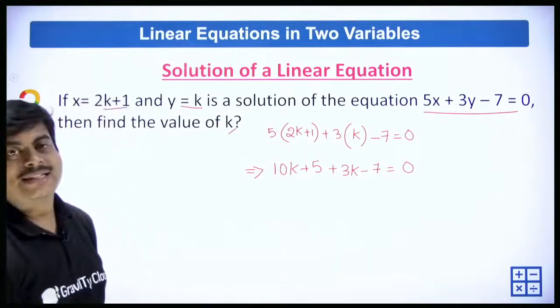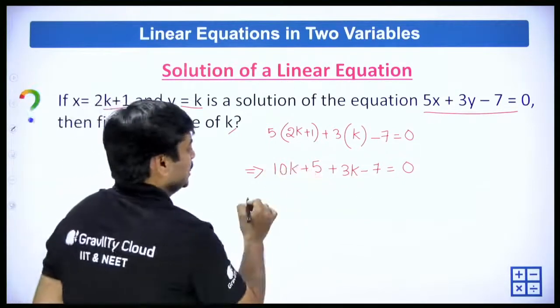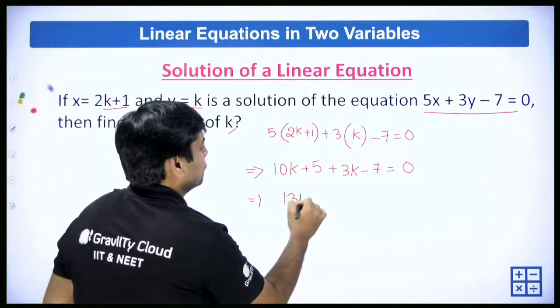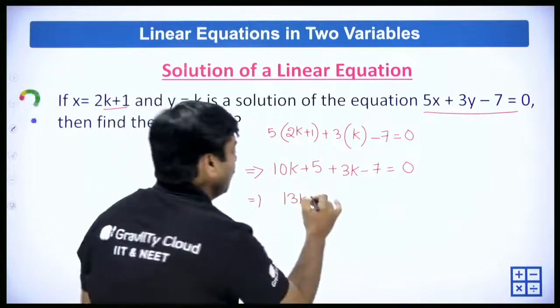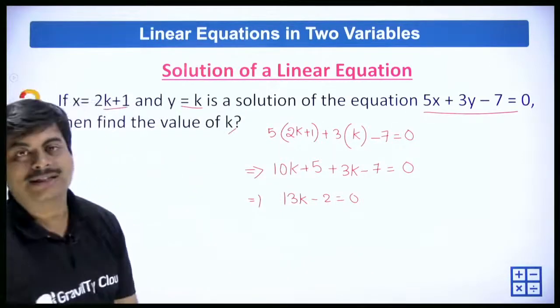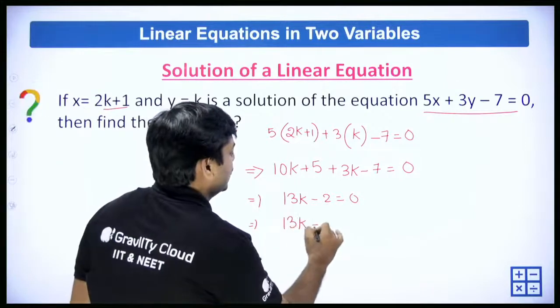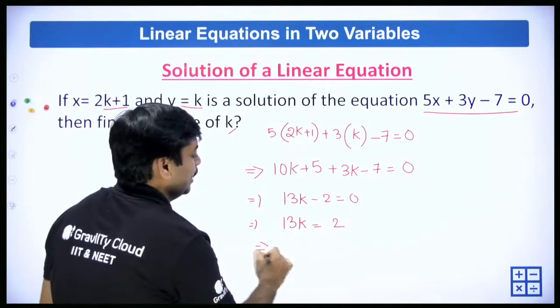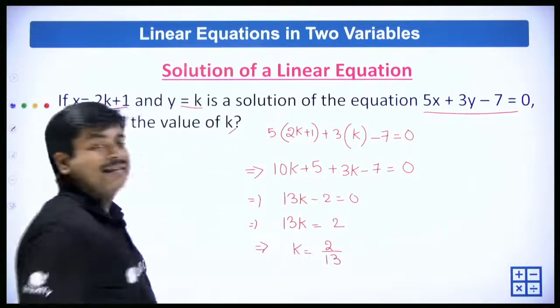So 10 plus 3 is 13k plus 5 minus 7. 5 minus 7 is minus 2 equal to 0. So we say that 13k is equal to 2 and k is equal to 2 by 13.